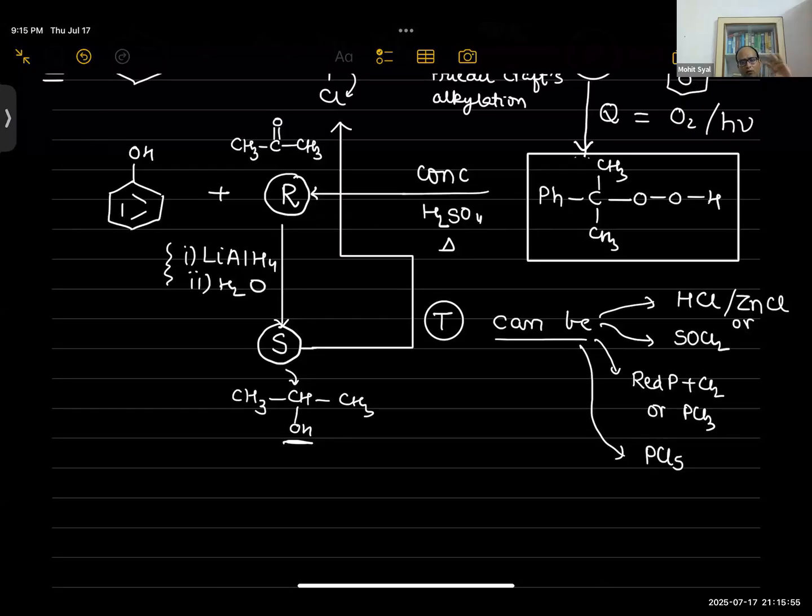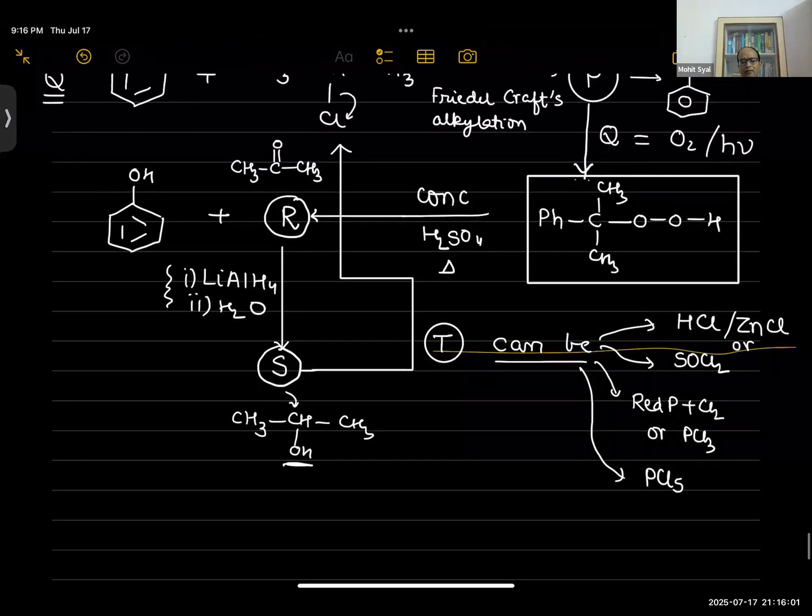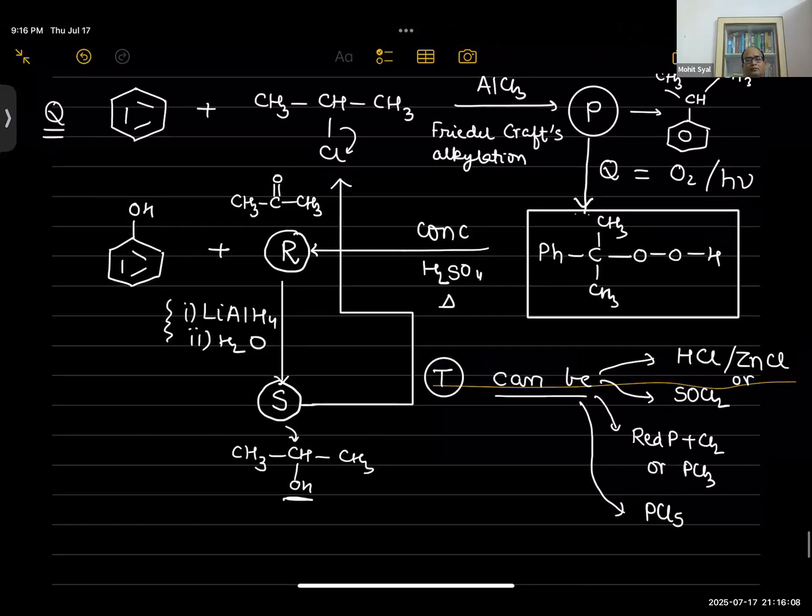Very important: how to convert OH back to alkyl halide from the previous chapter. Don't forget the previous chapter. Ibrahim, can you recall these reactions? Yes, sir. From the previous chapter, very important.